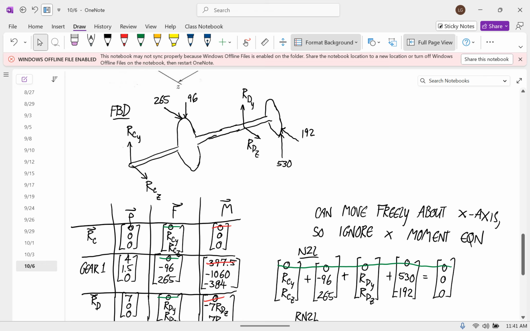I would just spot any axes of rotation where it's not in static equilibrium and just eliminate that equation. Remember that every equation corresponds to a degree of freedom. So if this thing, 1 degree of freedom, isn't in static equilibrium, then that static equilibrium equation just doesn't mean anything. Okay, that's how I would think about it.